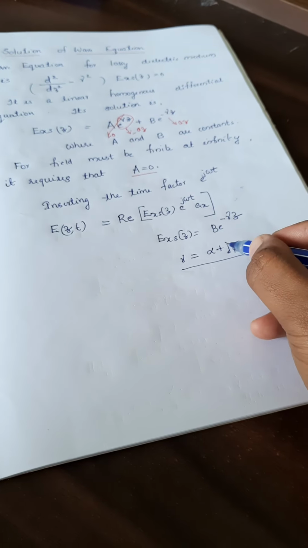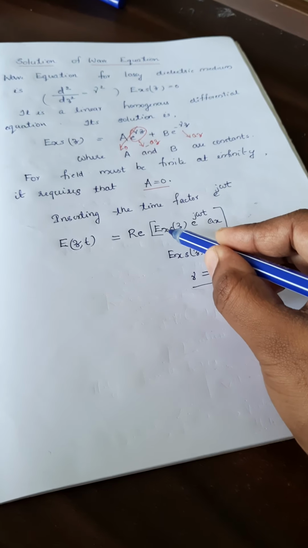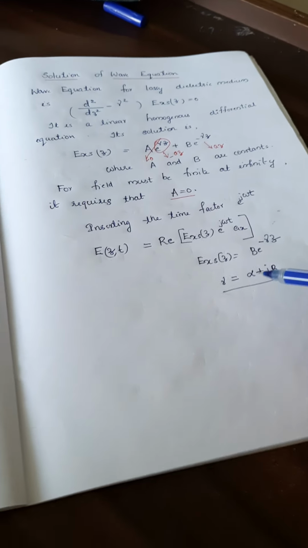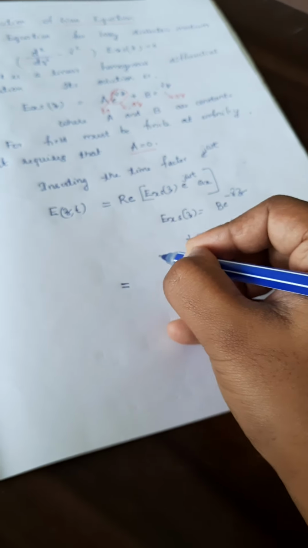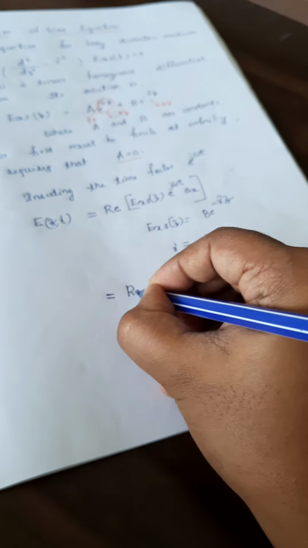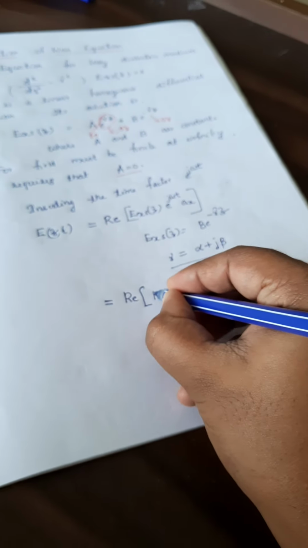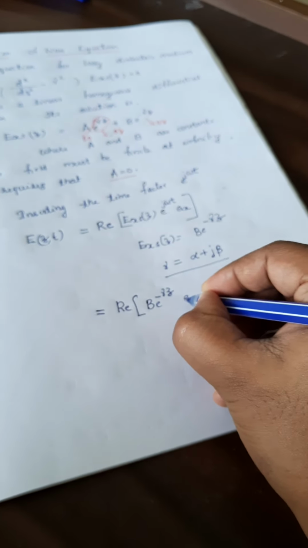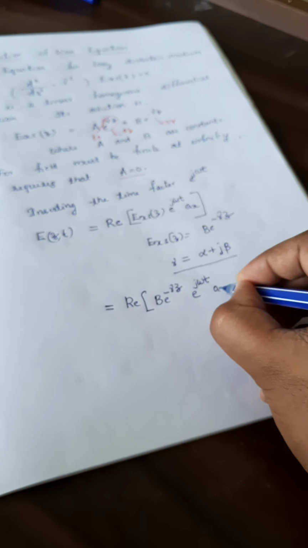So substituting Ex of z in this equation, and substituting the value of gamma also, we get the real part of B e raised to minus gamma z e raised to j omega t ax.